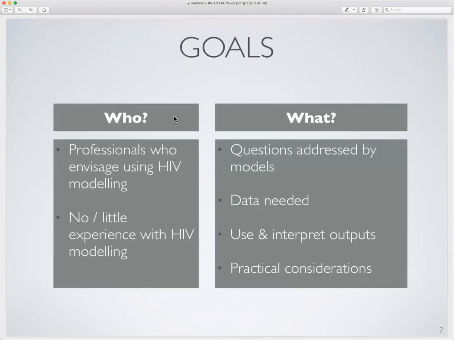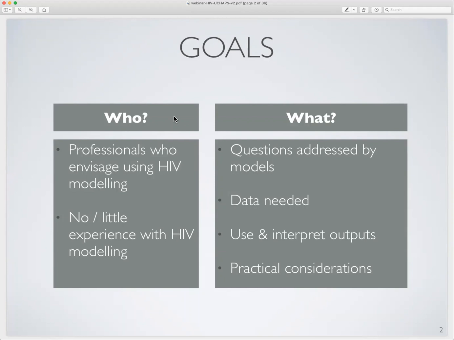Today, I will try to give you a good overview of how mathematical modeling can be used as a tool to support you to make decisions about health policy and programmatic work around HIV. More specifically, this webinar is targeted to professionals who want to use mathematical models for their own work, with their own specific questions, but have no or little experience in HIV modeling.